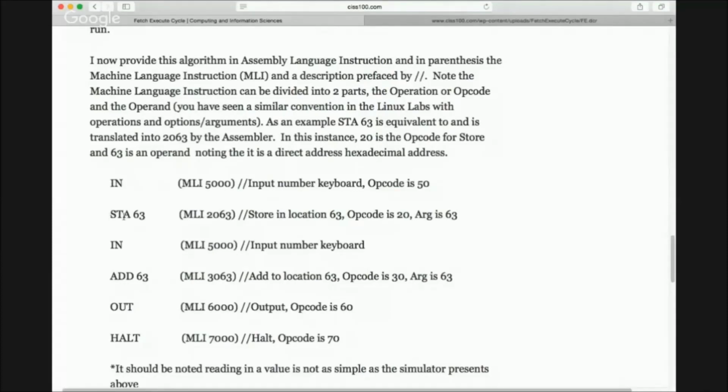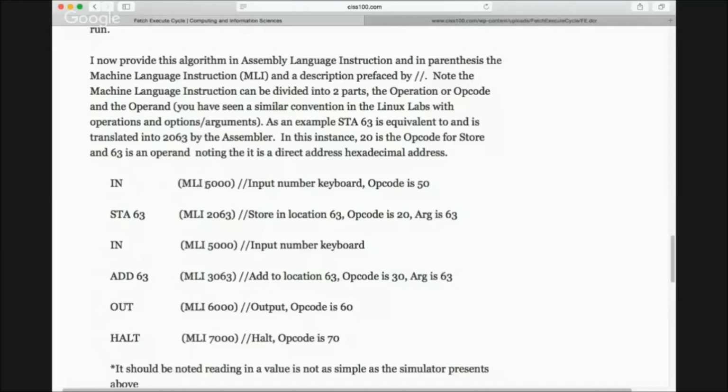I'm going to store what I just read in, at location 63. I'm going to read in another value. I'm going to add this value I just read in to what I previously stored in location 63, and then I'm going to output it. So these are the assembly language instructions in register transfer logic for the program we're about to run.